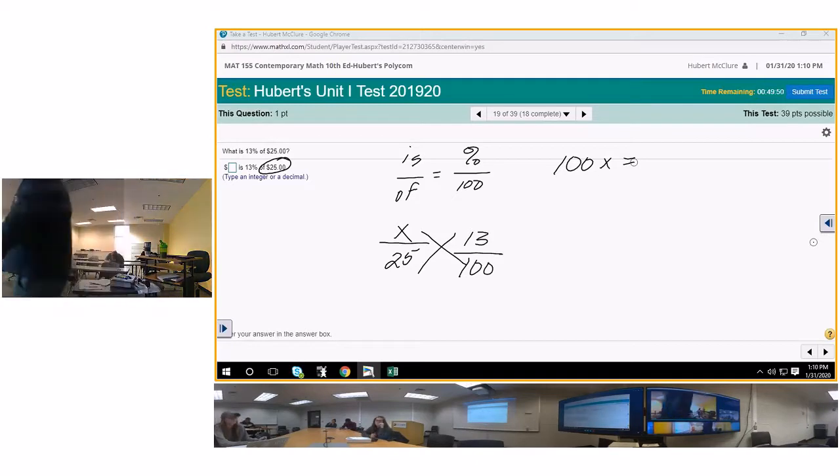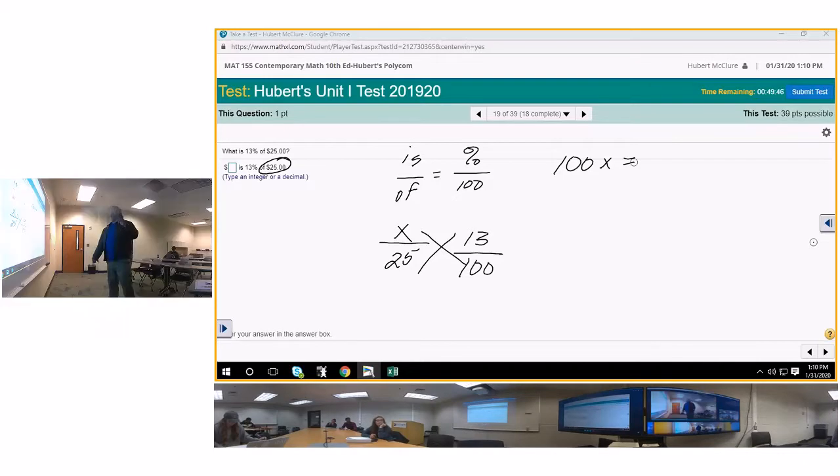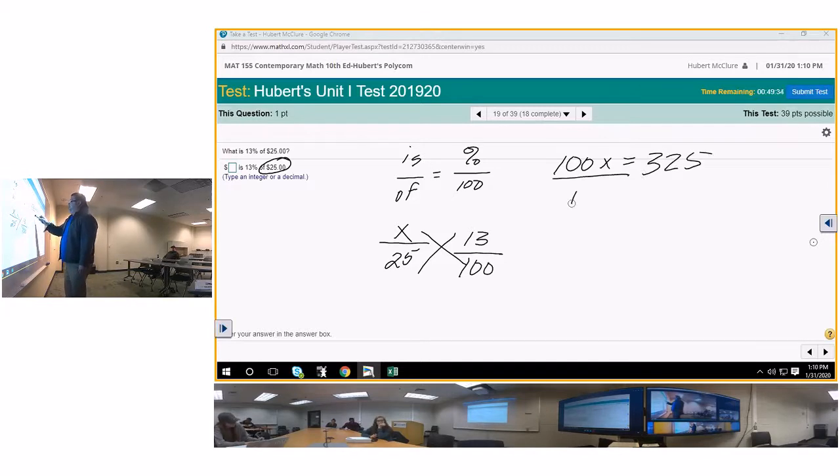Okay, it shouldn't take long for you to type in 25 times 13. No, it's not 250, it's 320. I'm thinking 325. Yeah, 325. And I'm going to do this part for you. X is equal to 3.25.